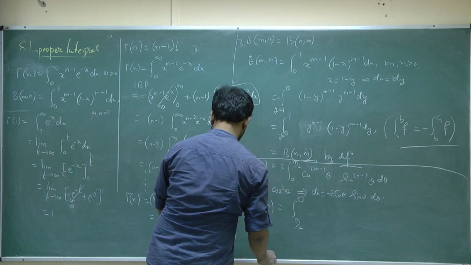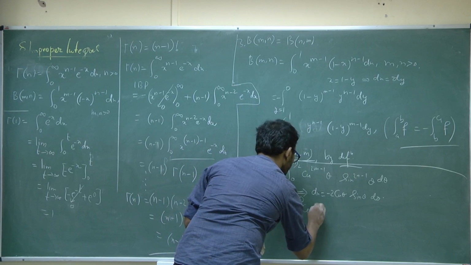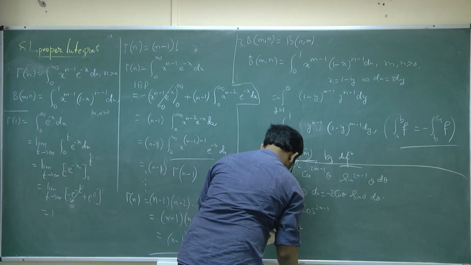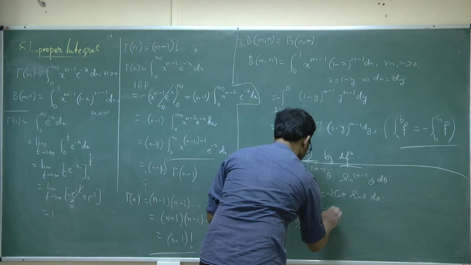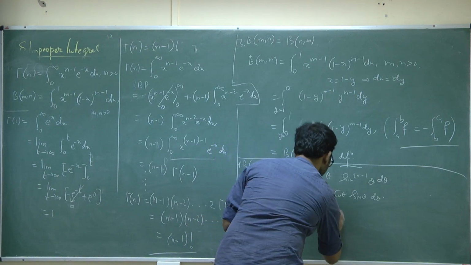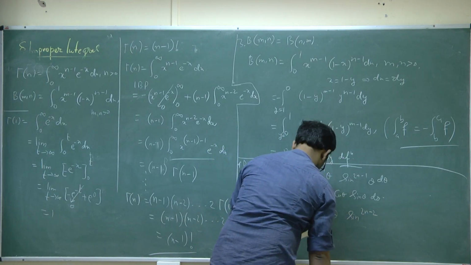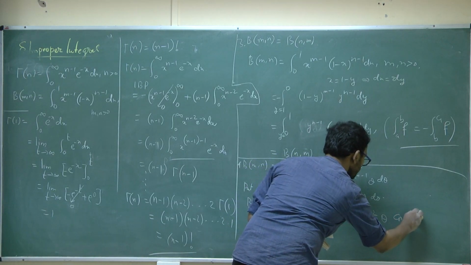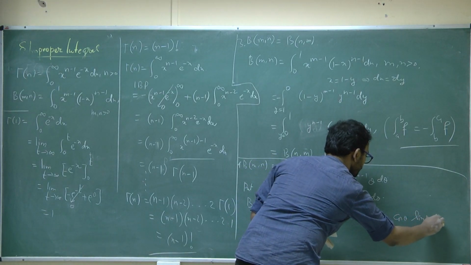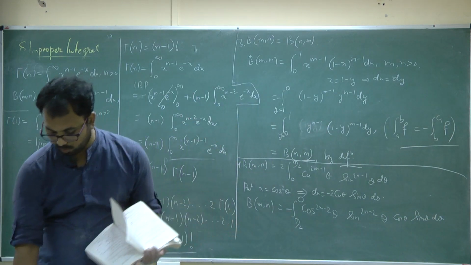This whole thing will become cos to the power 2m minus 2 theta and sin to the power 2n minus 2 theta, then cos theta sin theta d theta, and there will be a minus at the front with a 2.